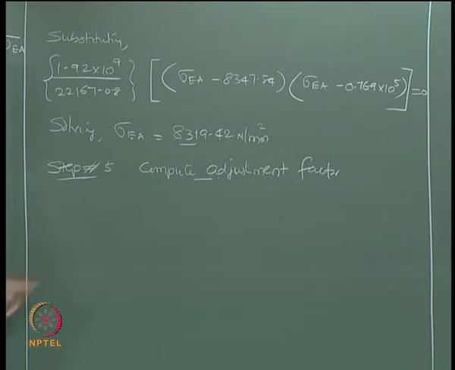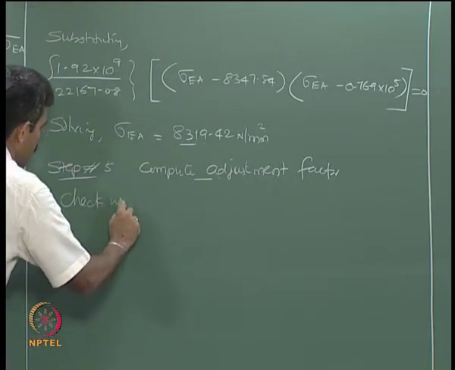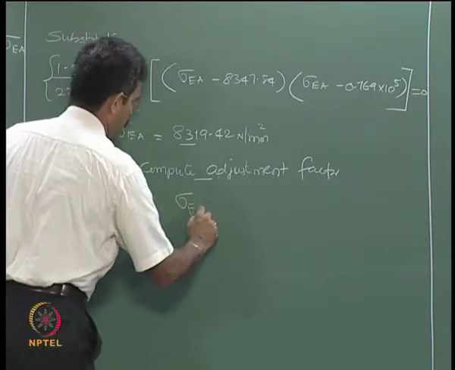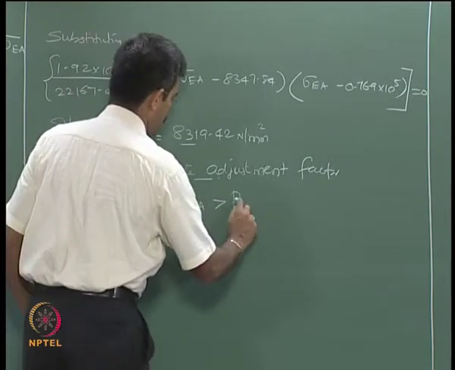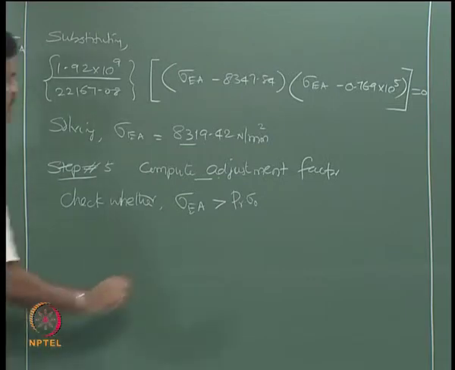Now, to compute the adjustment factor, I have got to check one condition, whether sigma Ea computed is greater than PR sigma naught. You have got to check whether this condition is satisfied.